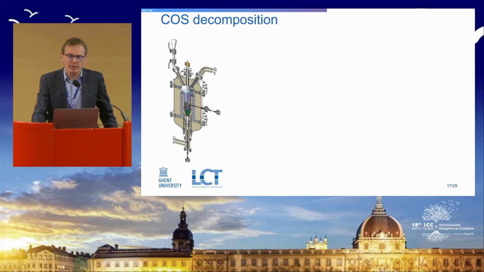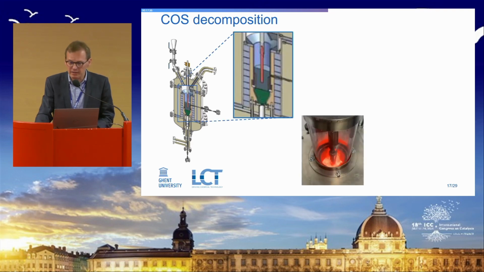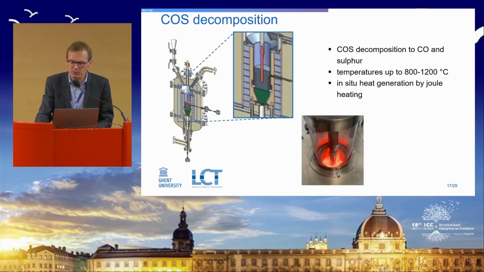The second step is then the carbonyl sulfide decomposition occurring in the electrothermal fluidized bed reactor. And in there, well, you have seen the picture. So the carbonyl sulfide decomposition occurs to carbon monoxide and sulfur. This at temperatures in the range of 800 to 1200 degrees Celsius, with the heat generated by the Joule effect.